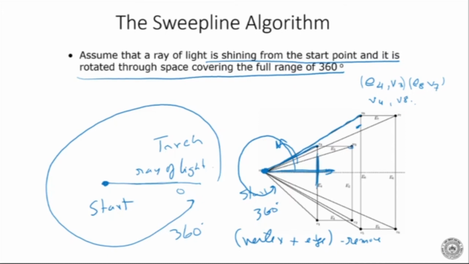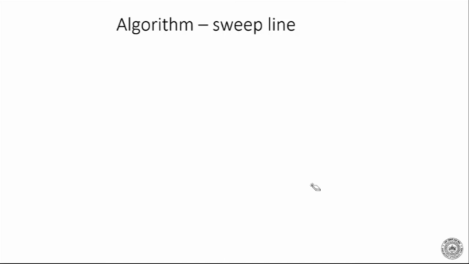Geometrically we make these pairs, and wherever we have a vertex plus an edge, we remove it, so we are left with only the vertices which can be seen. Those are the ones that we are keeping.